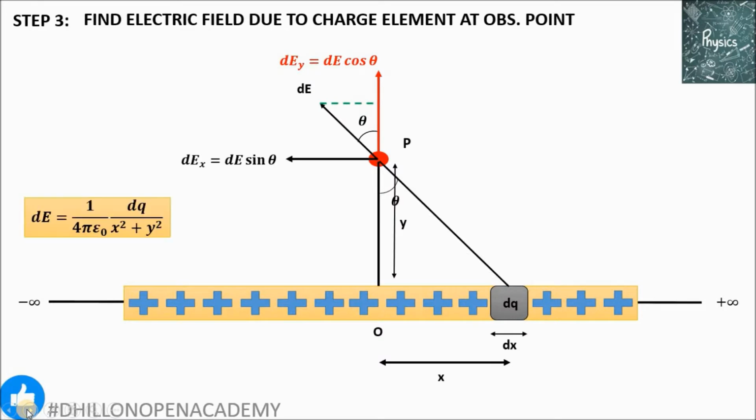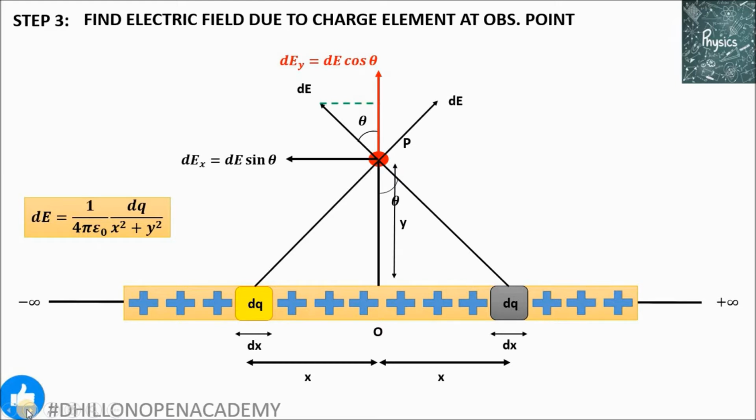Now before we proceed further, if we assume a charge element dx at a distance x from the origin O on the right side, an equivalent line charge dq can also be considered to be present on the left side.